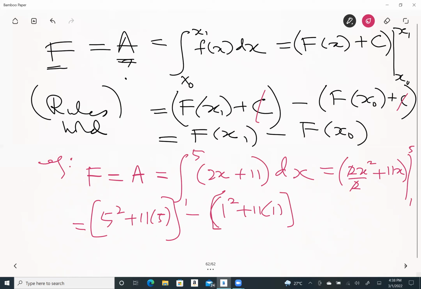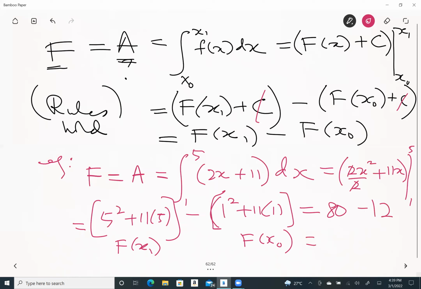So I want to be consistent. So this is fx1. That is fx0. You take the difference. So what you see here is a specific value. So what is the value for the first one? 25 plus 55, 80. 80 minus 12.